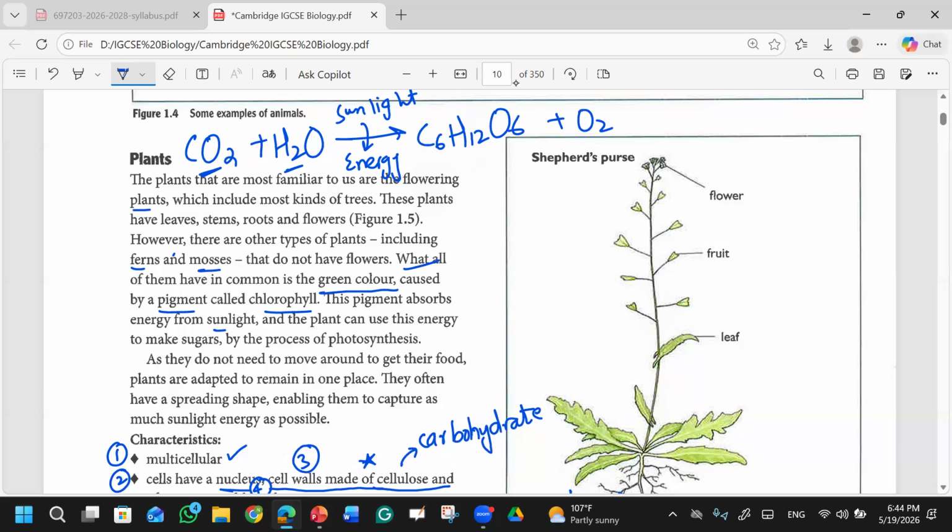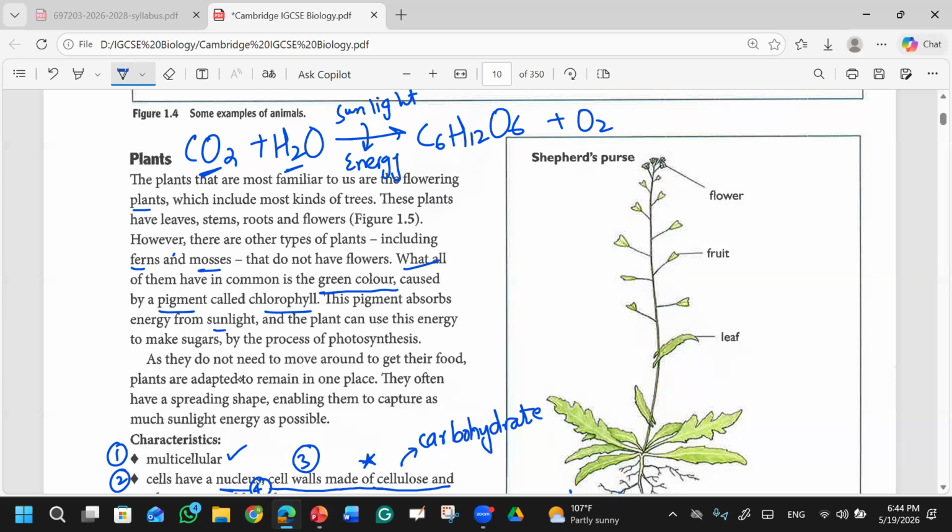To make food. Otherwise, there is carbon dioxide in the air, and there are water vapors in the air, because air is not dry. Why don't we have glucose in the air? Because the air does not have the capability to convert carbon dioxide and water into glucose, right? Just plants have this capability.